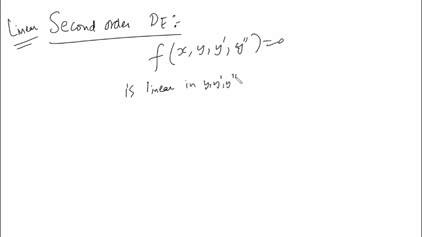So any equation you see in this form, we include it in the category of general linear second order differential equation. Now again in linear also, just like we have seen the Leibniz type differential equation, out of the linear first order we have a specific type which we can easily solve.